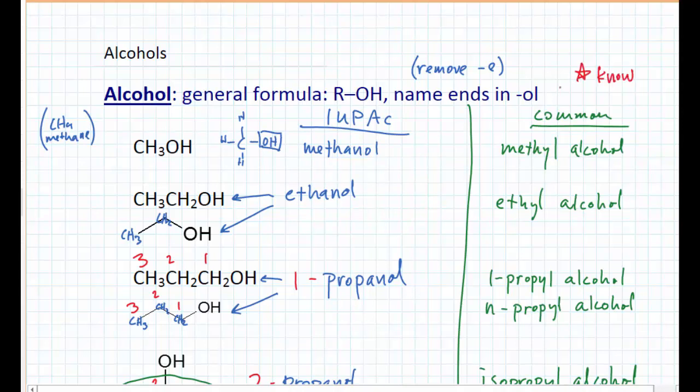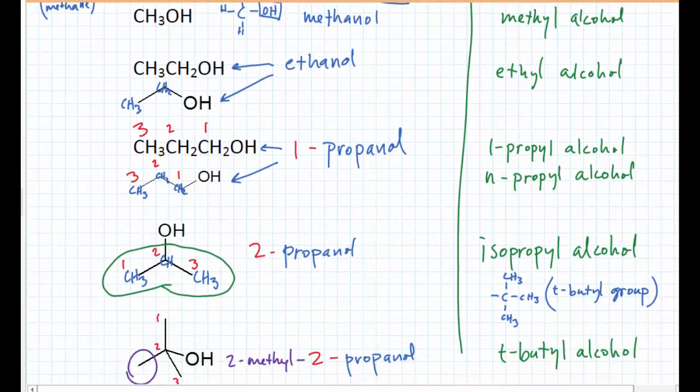Know this pattern of common names. Again, it's not individual common names that you need to memorize, but rather the pattern between IUPAC and common names for alcohols, because those are very widely used. Anybody have any questions about those?